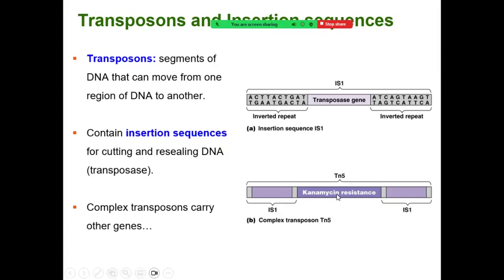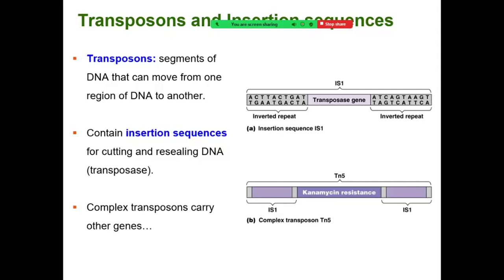And then usually we have a complete transposon over here, and a second complete transposon over here. So there's the transposase gene there, and then these are the inverted repeats. Any question about transposons?